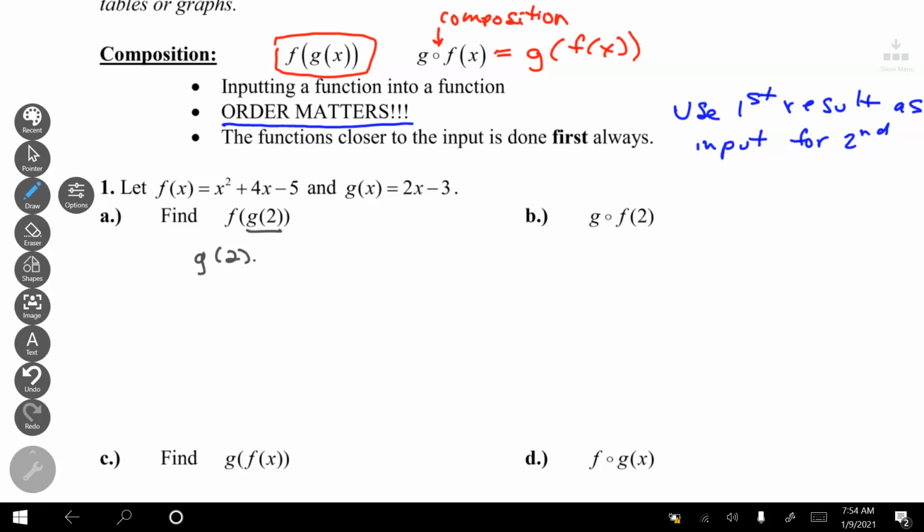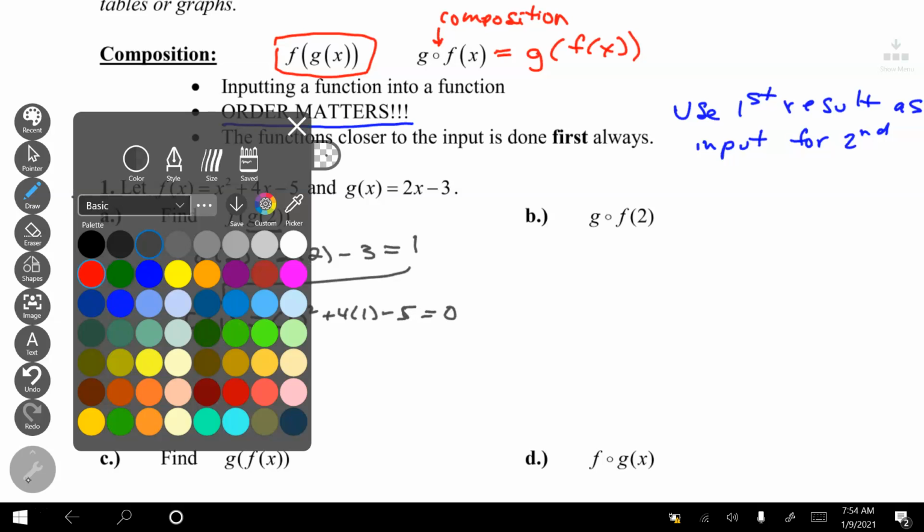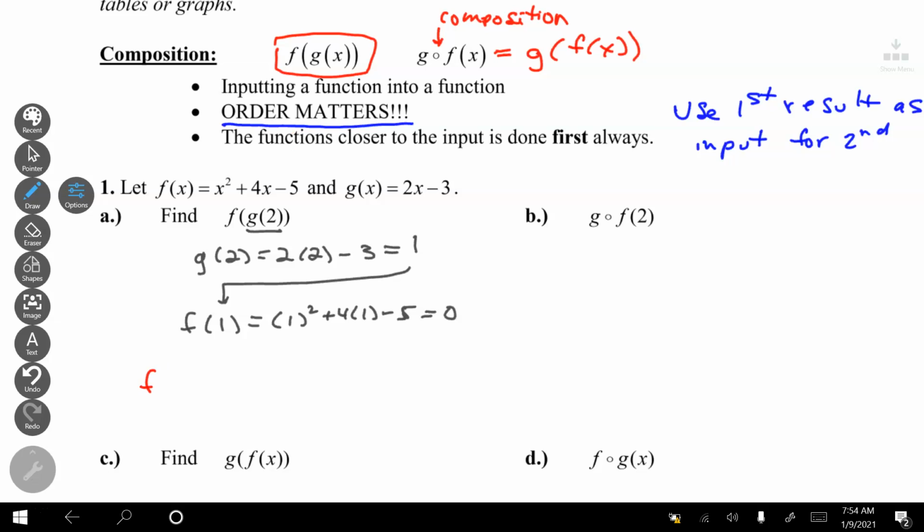So g of 2 is equal to 1, and now I'm going to use that result and plug that in the second function, which is the f function. And when I do all that, I get 0. So I write my final result, f of g of 2 is equal to 0.